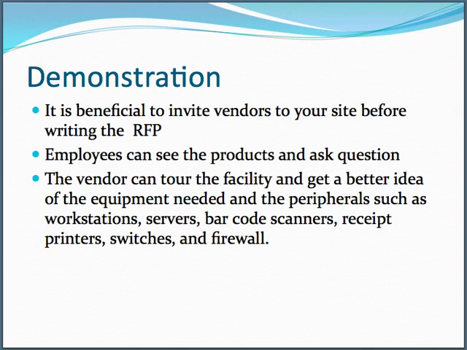If you have a firewall, if you have an intranet, how good is your internet connection, etc. This will, of course, provide the vendor with the information they need to give better advice in terms of the product that you need for your automation project.